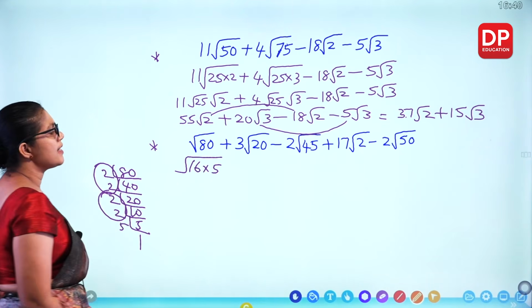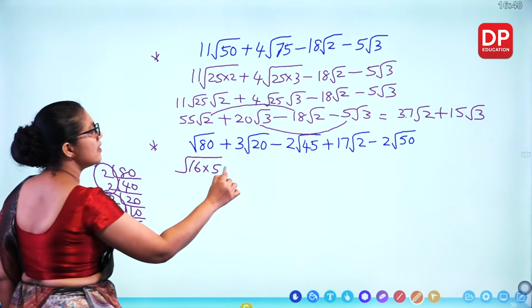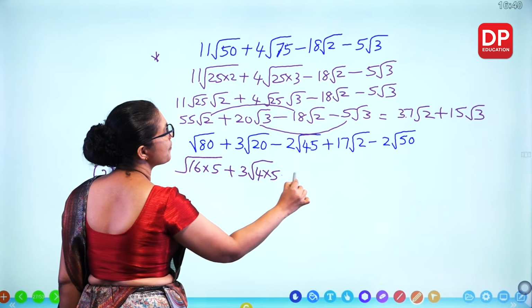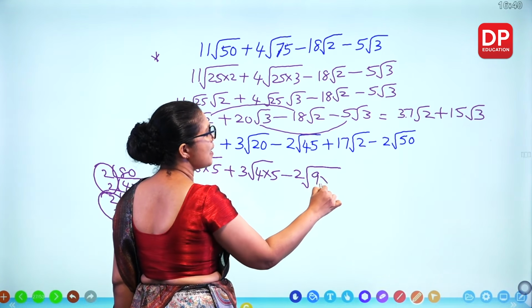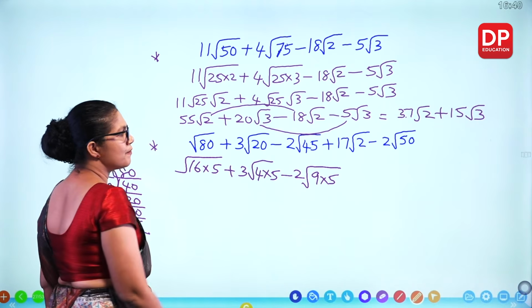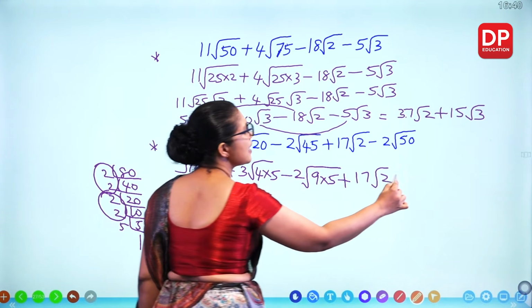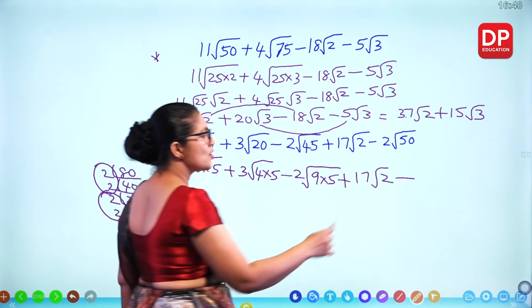So you can write 16 times 5. 20, how can I write? As a square number, 4 times 5. 45, what's the square number? 9 times 5. What about this? You can't simplify this one. 50 again. 50 you can write as 25 times 2.